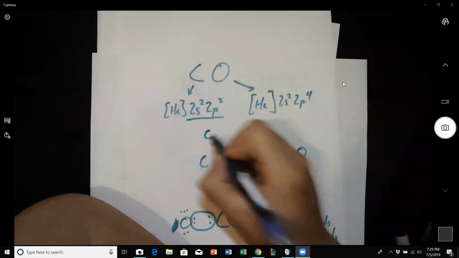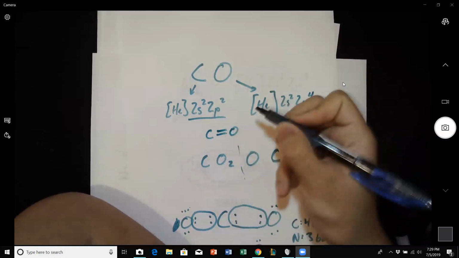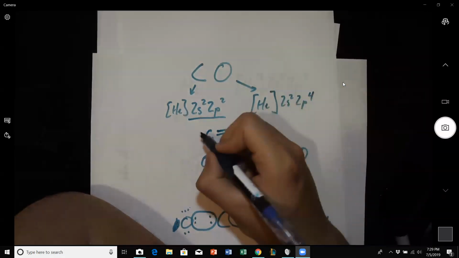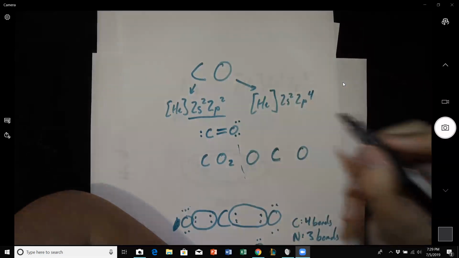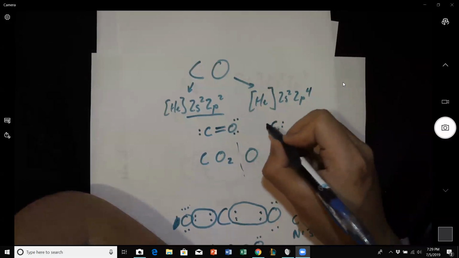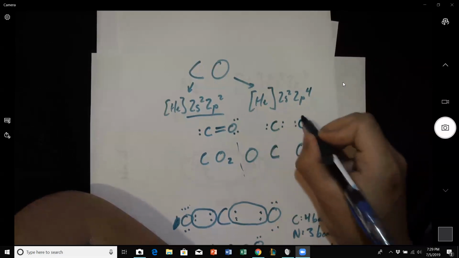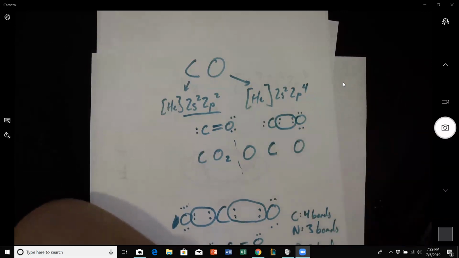So your first instinct might be to draw a double bond between carbon and oxygen. So it would look like this, right? And I'll draw the full picture out for your convenience. Does that make sense? Okay. So this is almost right.